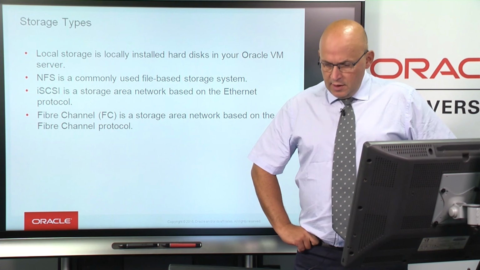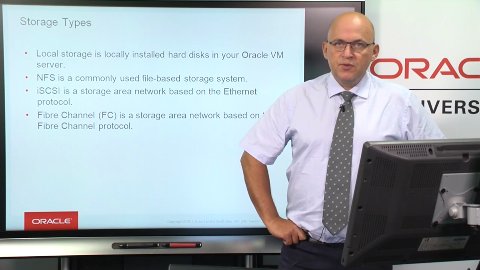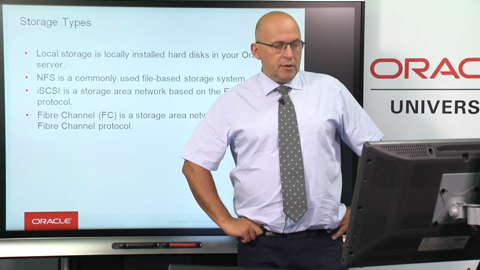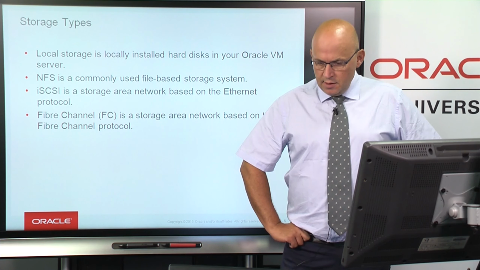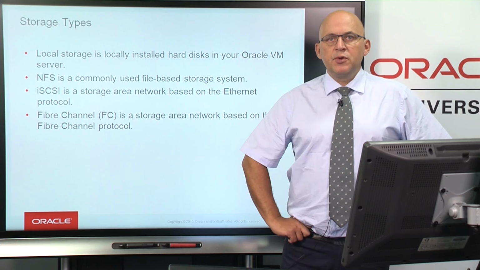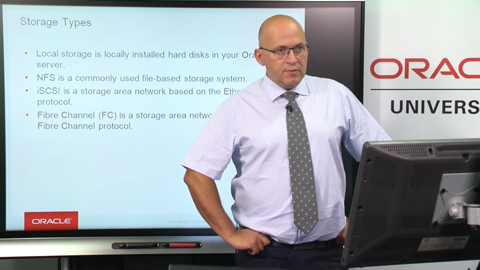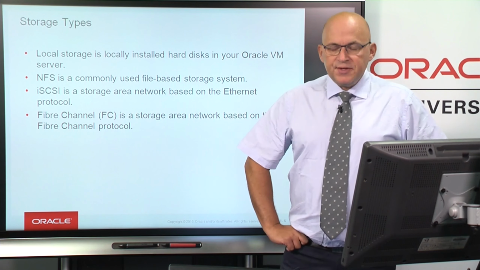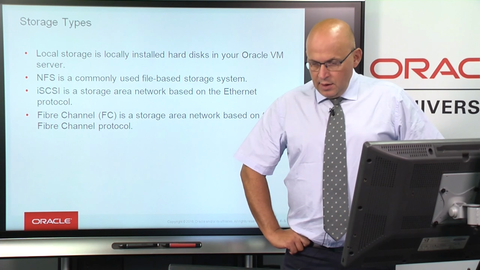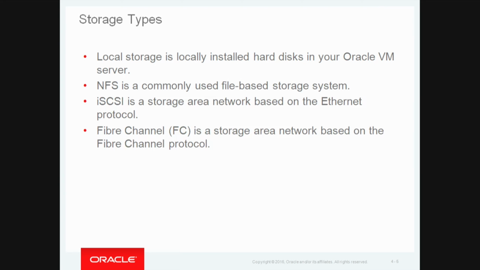Oracle VM can work with several types of storage, such as local storage, which is a very particular configuration where every Oracle VM server's local disks will be presented to create repositories; network attached devices that will present files through the NFS implementation; and block devices, either SCSI or fiber channel.